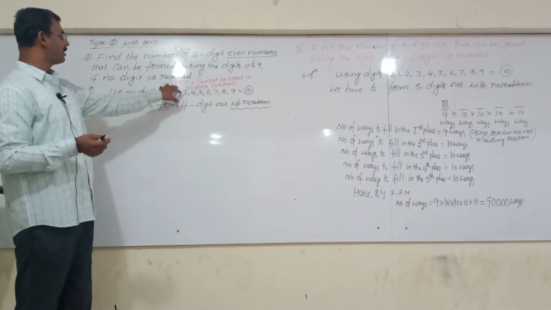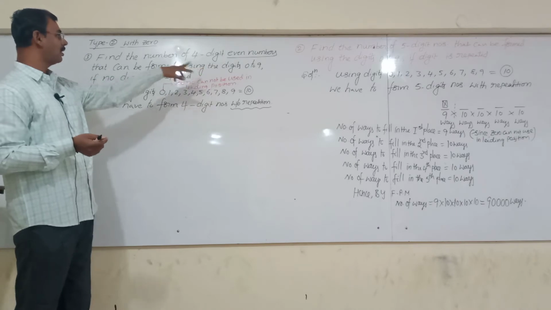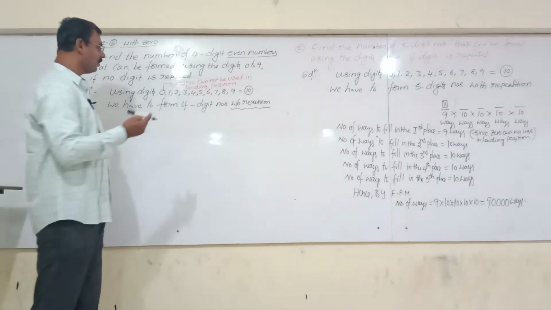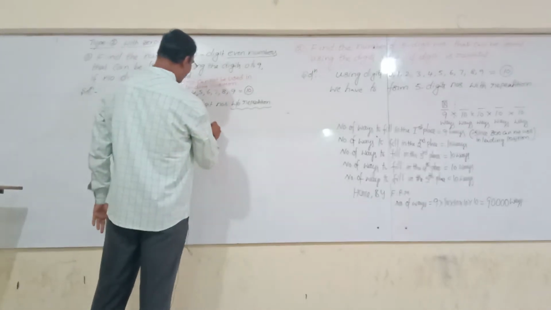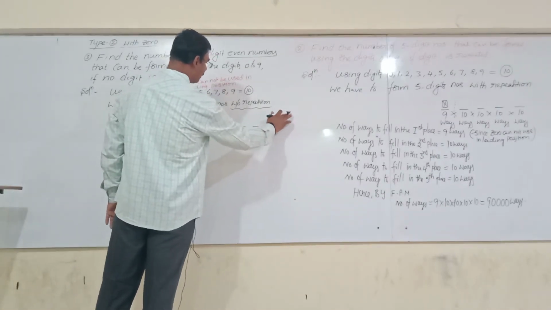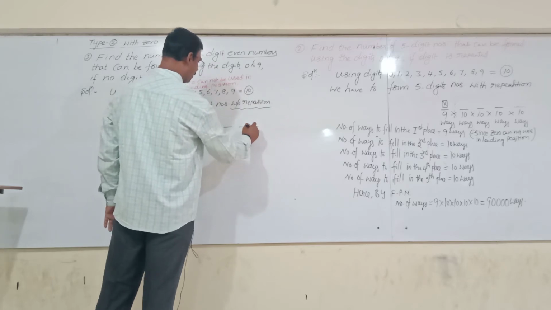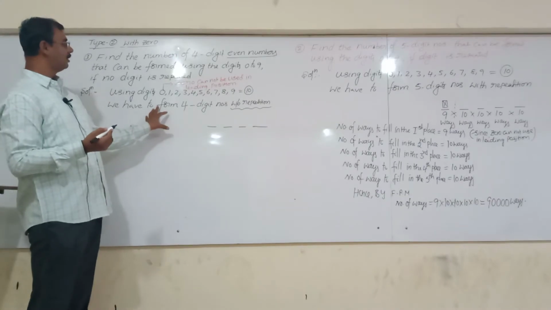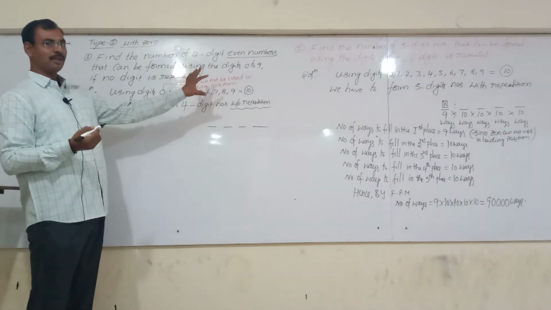So what are the cases here? Even number case condition, 0 cannot be used in the leading position. So I break into two cases. First we take the positions, create 4 positions here. In these 4 positions, 0 is also an even number.